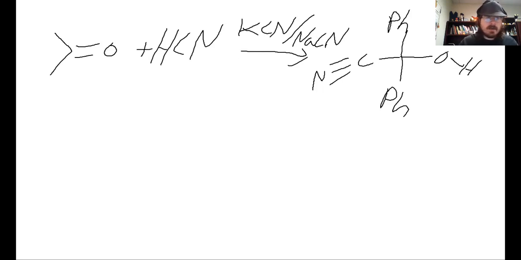Well, cyanide can be hydrolyzed to carboxylic acids. So for every bond to carbon, you can add an oxygen bond to that carbon. So when you have a carbon-nitrogen double bond, you can add a carbon-oxygen double bond. But for a carbon-nitrogen triple bond, we can add three carbon-oxygen bonds. So why is this important?